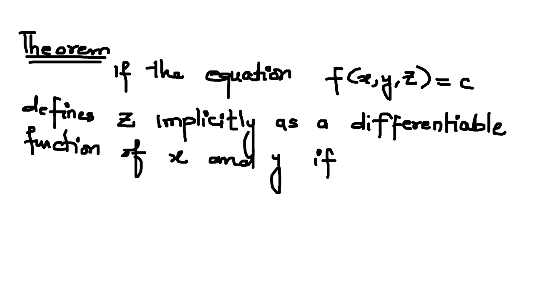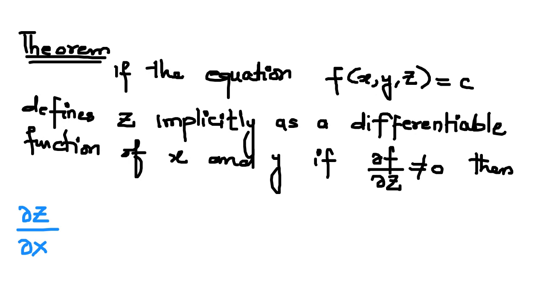if the partial derivative of the function f with respect to z is not equal to 0, then you have two formulas for the implicit differentiation. One is the partial derivative of z with respect to x, and the other is the partial derivative of z with respect to y.